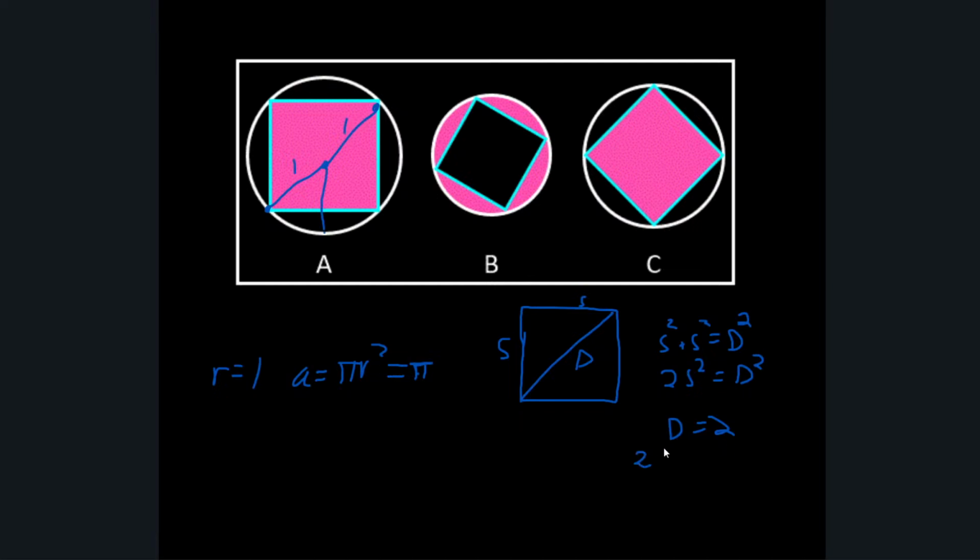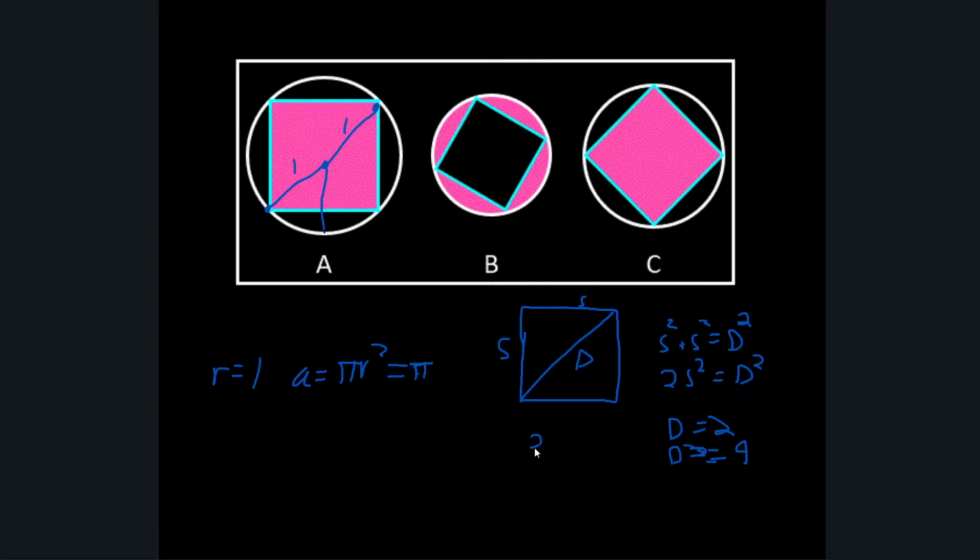So we know 2s squared is equal to, what is this again? Oh, actually, no. If d is equal to 2, then d squared is equal to 4.